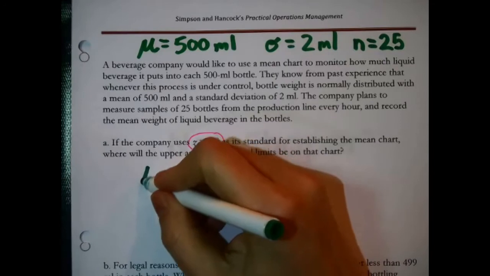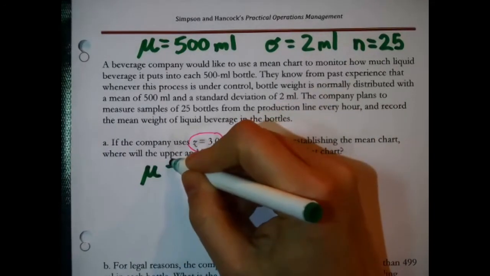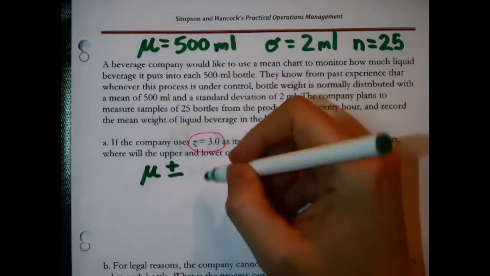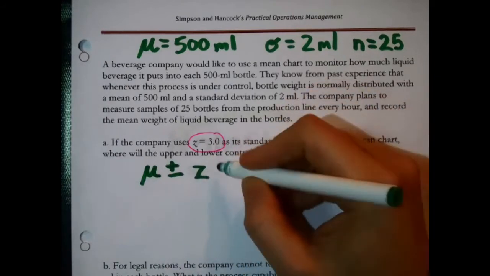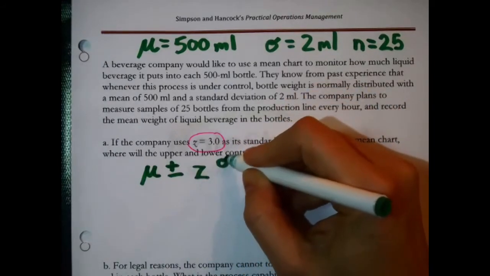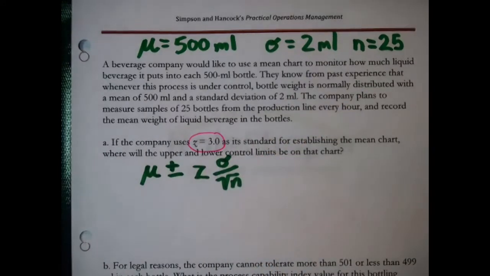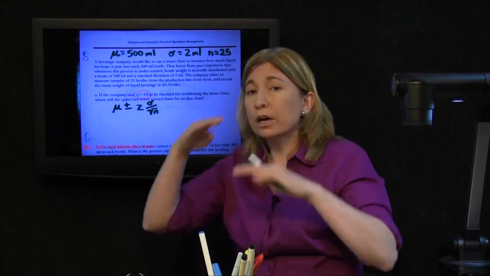In the case of known variation, the chart will essentially be created by taking the mean, mu, adding and subtracting z times the standard deviation in the process divided by the square root of the sample size. That's the formula we need to set those limits.